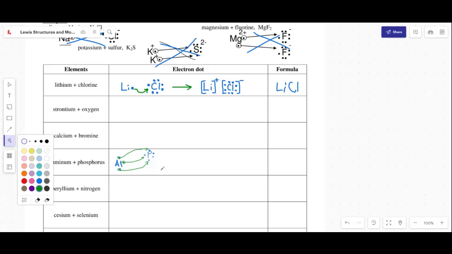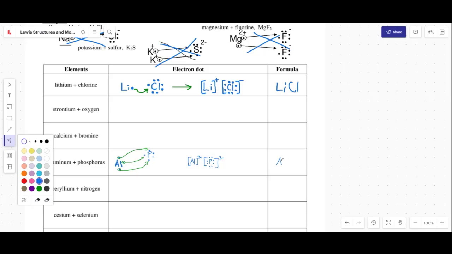So aluminum is going to lose all 3 valence electrons, phosphorus is going to gain all 3, and you're going to end up with aluminum with a 3+ charge, and phosphorus with a full octet around it, and that would be a 3- charge.